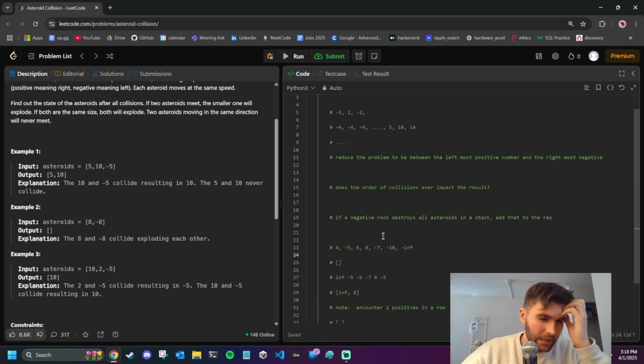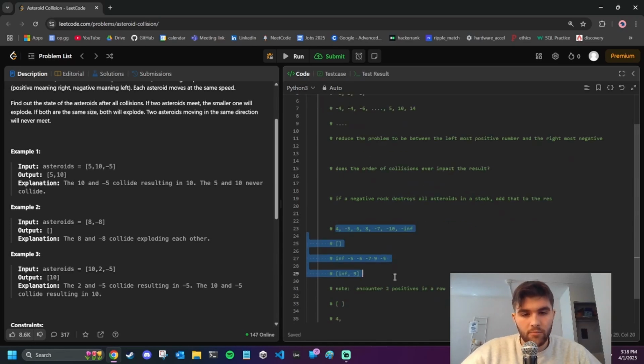Similarly, if our stack is not empty at the end, we will add that to our result. Okay, so let me walk through a solution using this in mind.